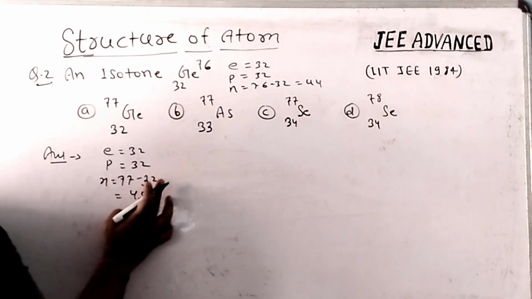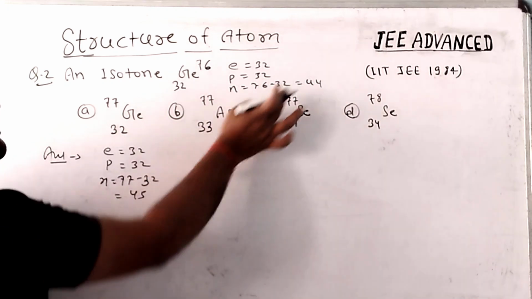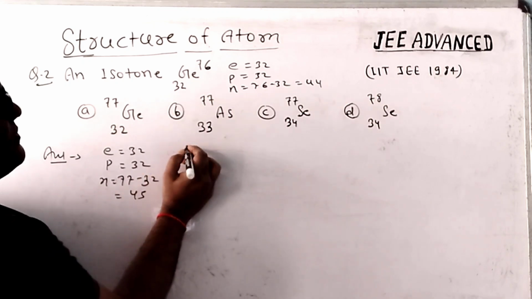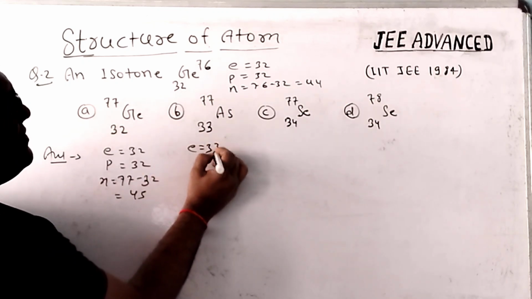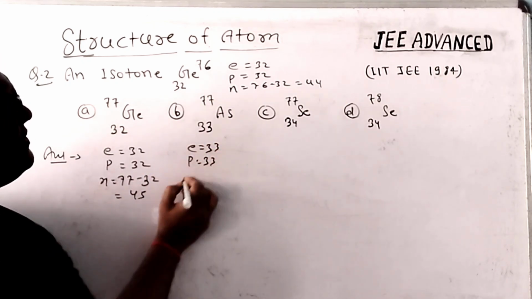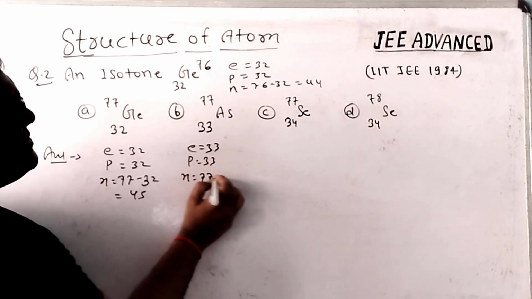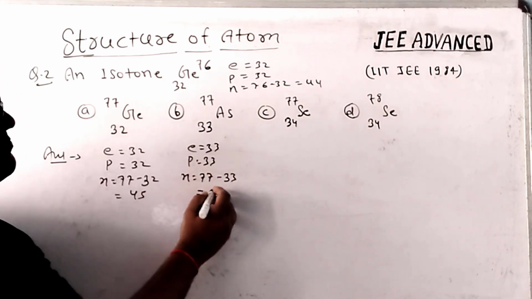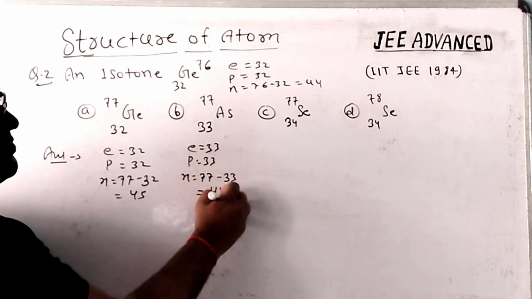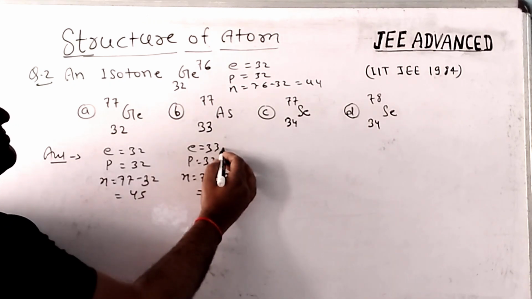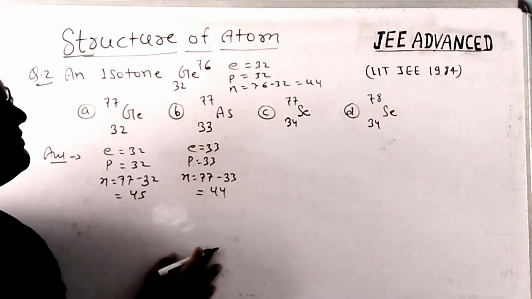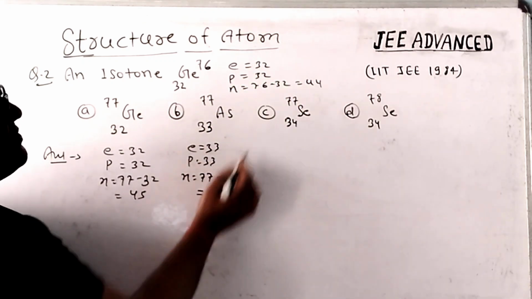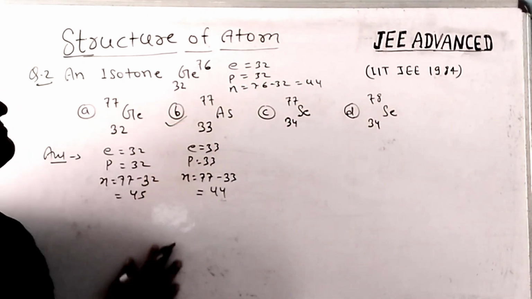Now here neutron is 45, here neutron is 44, so option A is wrong. In case of option B, electron is 33, proton is 33 and neutron is 77 minus 33, which is equal to 44. So the atomic number is 33 and 32, the number of protons is different, but the number of neutrons is the same, 44 and 44. So option B is correct.